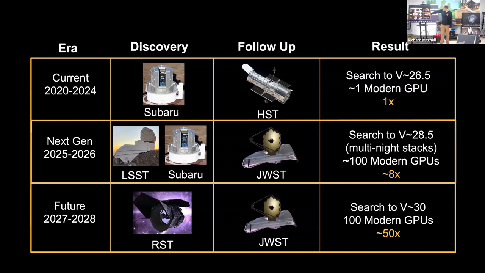What we want is permission to use the Rubin Observatory in Chile, which will start operations in January next year. And we want them to give us about 6 months of that telescope's time, which they're not going to do. But anyway, we're going to ask. And then if we find something, we might follow it with Subaru, but we probably will follow it up with the James Webb Space Telescope, which is just recently in space.